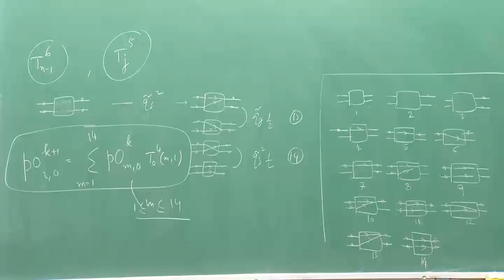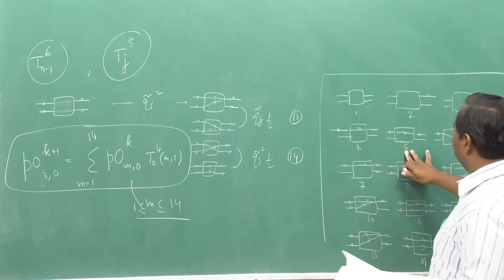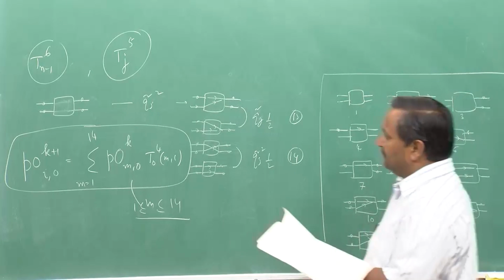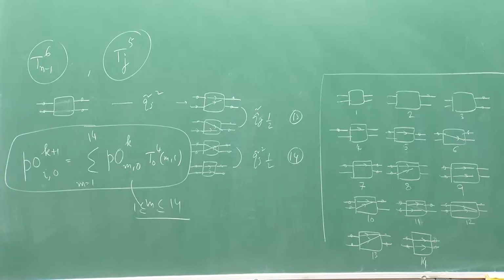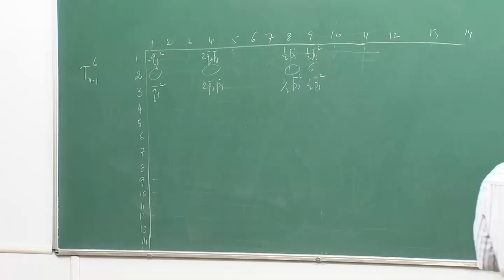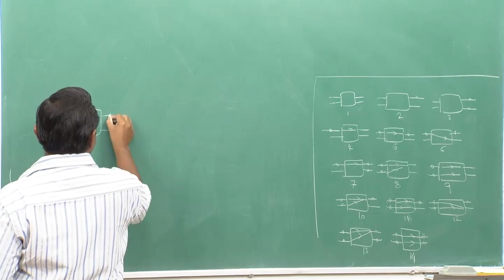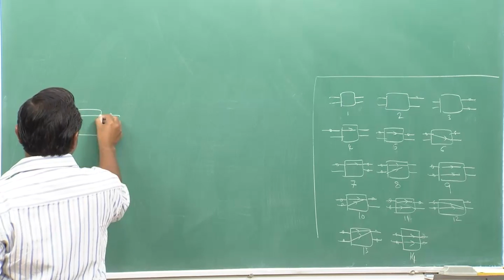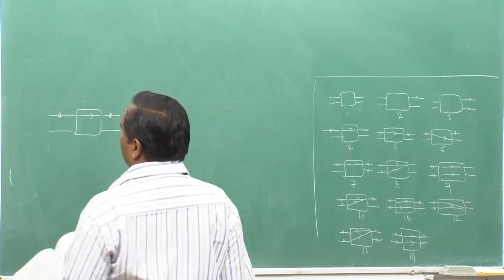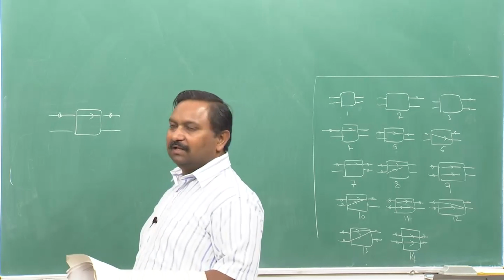So, we can try something else. For example, let us see what will happen to 5. There is a packet here which is directed here. In the current time slot, this packet will surely be read out, there is no blocking.